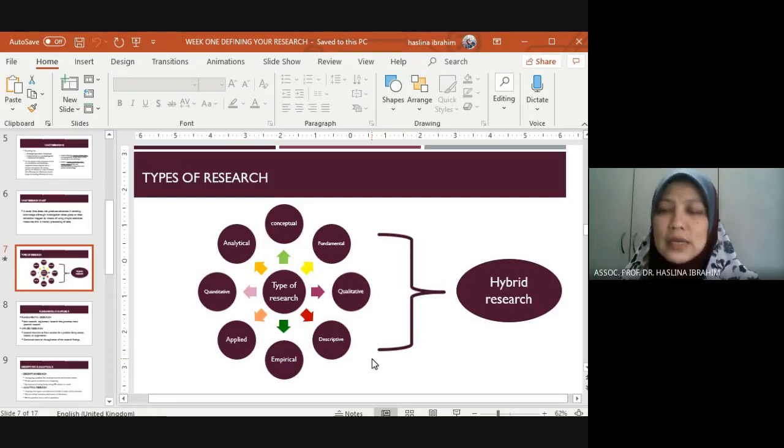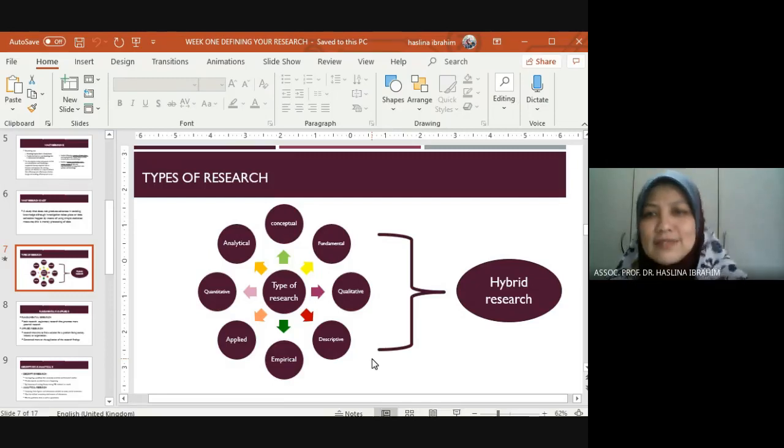But as I said earlier, keep your mind open. Just read. If you have good articles written adopting the empirical quantitative method, read, because that will help you to understand and to know the techniques of reporting quantitative research.